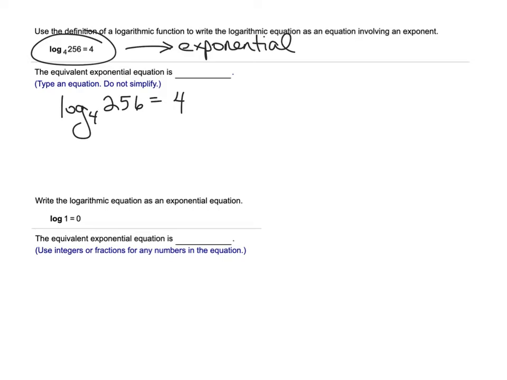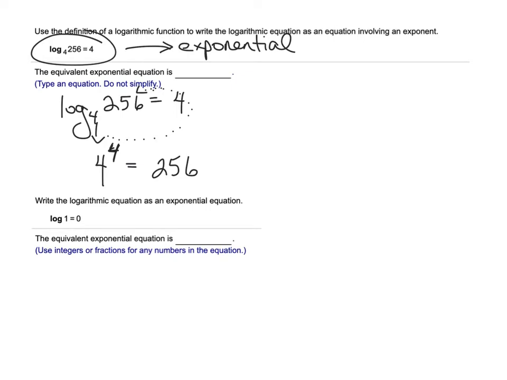And if you want to convert it, I start with the base, which is 4, and then you're going to do a little circle. We get to 4. That's my next. Let's keep going. We get to equal, and then we get to 256. All right, so this is 4 to the 4 is 256.